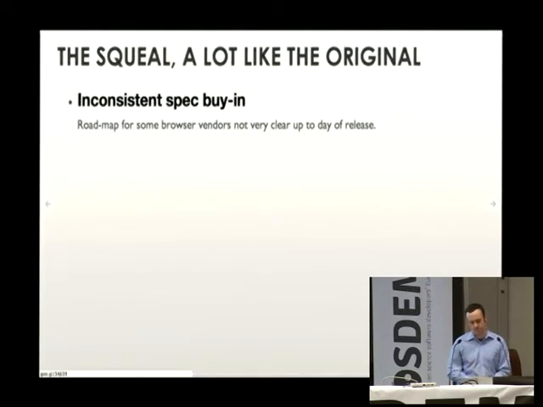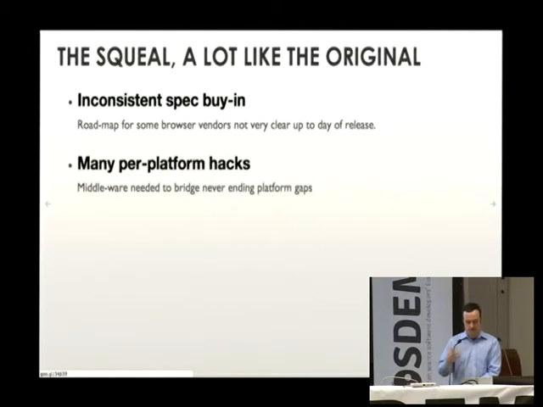So again, the sequel looks a lot like the original. If you recall the slide of some of the challenges we faced within the first wave of HTML5 features, we have similar problems. Inconsistent buy-in. The unclear roadmap is also a big problem, at least with Mozilla, and to a slightly lesser extent Chrome.